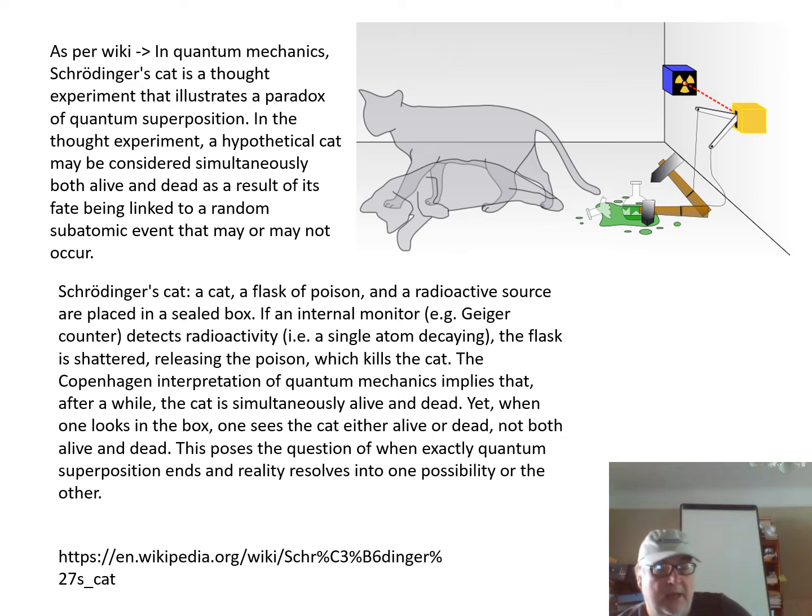The Copenhagen interpretation of quantum mechanics implies that after a while the cat is simultaneously alive and dead, yet when one looks in the box one sees the cat either alive or dead, not both alive and dead. This poses the question of when exactly quantum superposition ends and reality resolves into one possibility or the other.